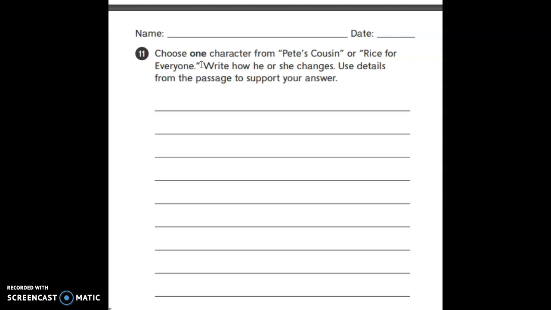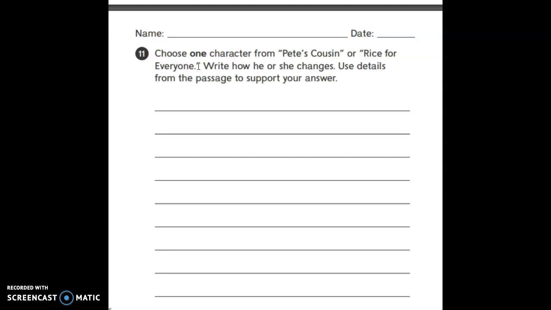Now what you're going to be thinking about is how that character changed. Think about how they changed from the beginning of the story to the end of the story. Think about it first, because then you're going to write about how they changed from the beginning to the end.